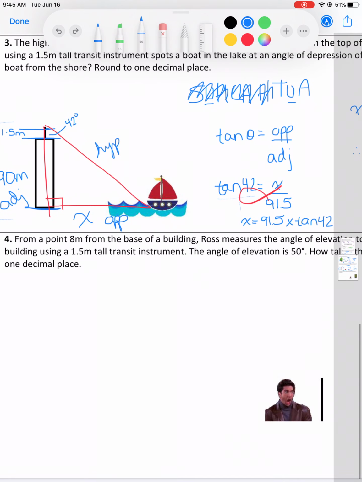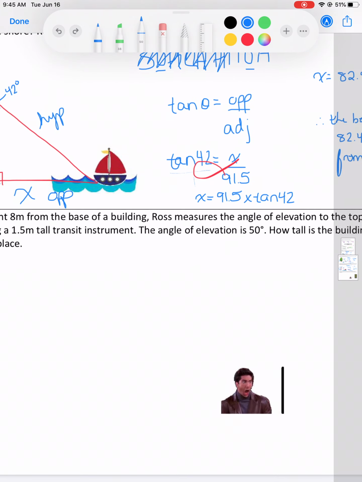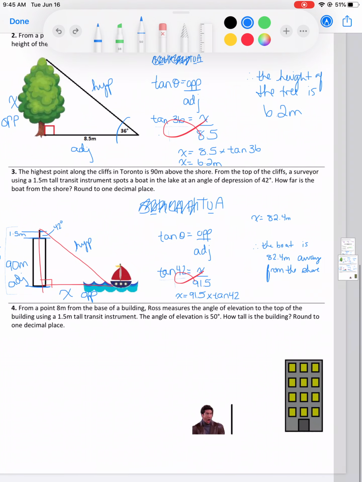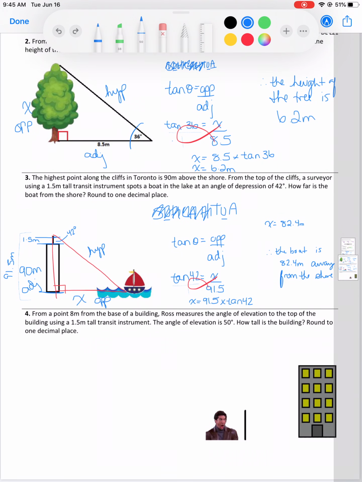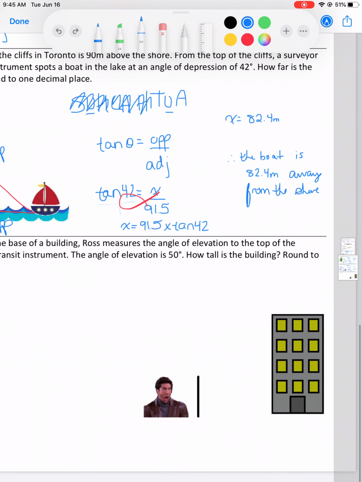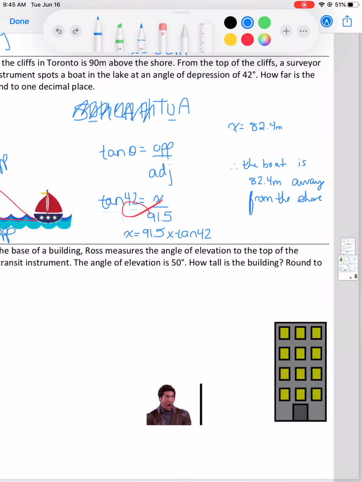Okay, last one. So from a point 8 meters from the base of the building, Ross measures the angle of elevation to the top of the building using a 1.5 meter tall transit instrument. The angle of elevation is 50 degrees. How tall is the building? So, from 8 meters from the base, okay, so this is 8 meters.